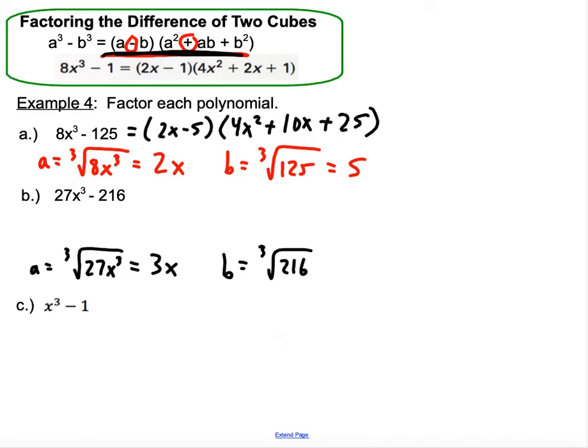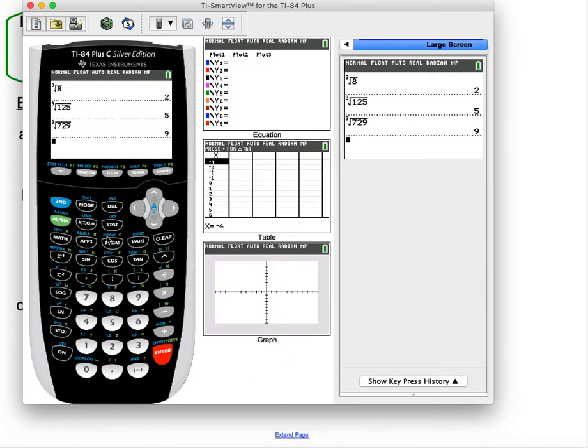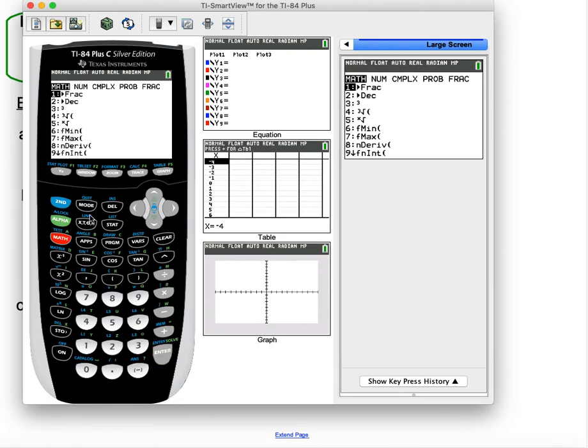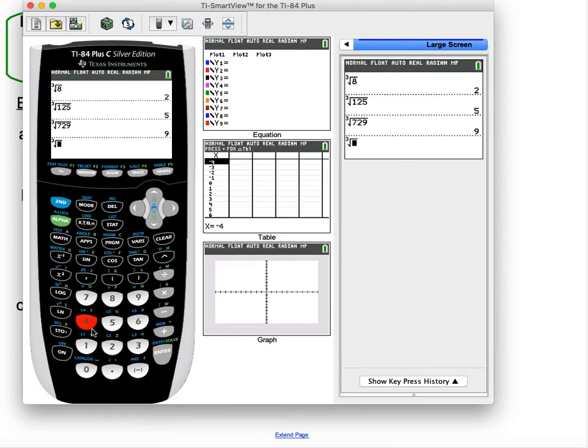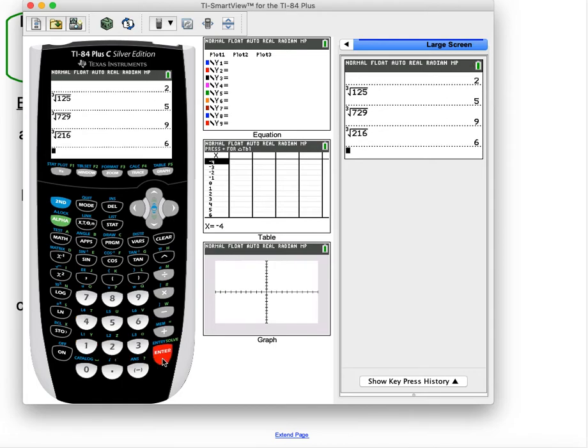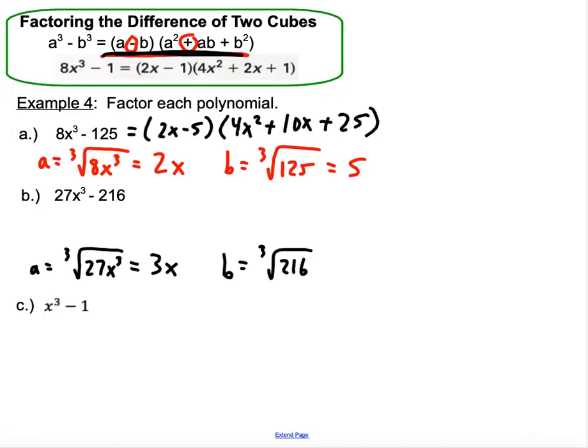Find the cube root of 216. My guess it's 6, but let's do it for sure. So math, fourth one down there, 216, 6. So my a is 3x and my b there is 6.